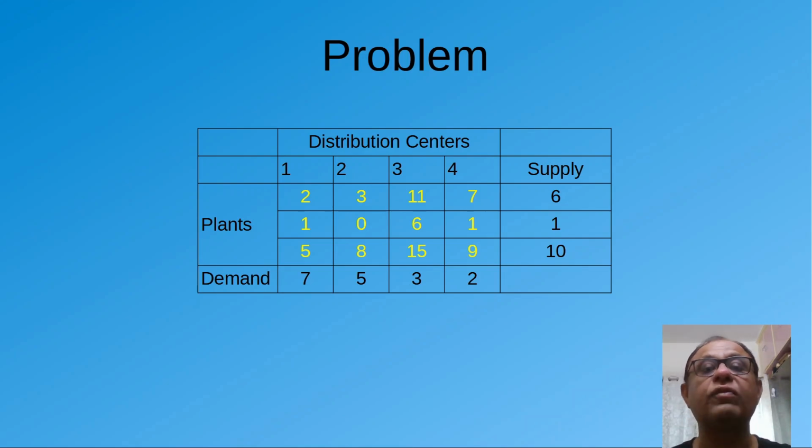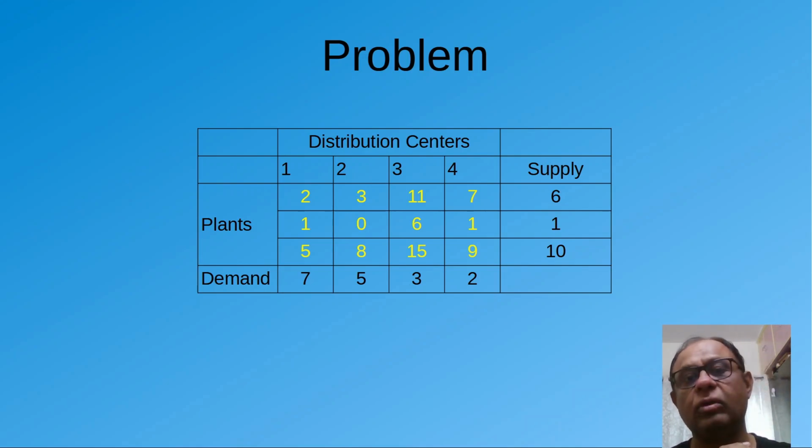Now the cost of supplying from the plants to the distribution center is given in the yellow figures. To explain, supposing I supply 1 unit from plant number 1 to distribution center number 1, it will cost me 2 rupees.